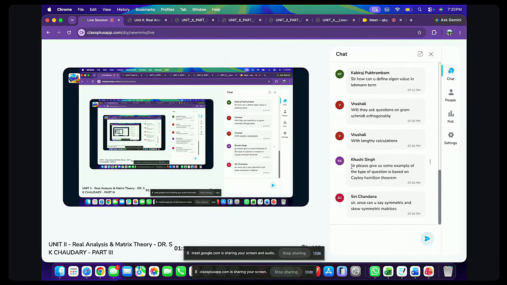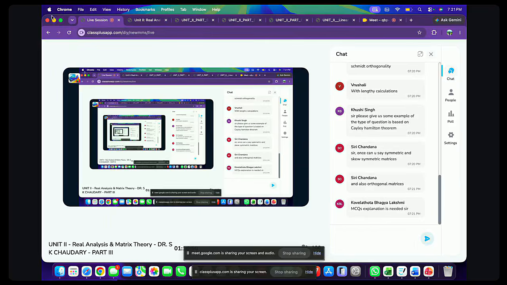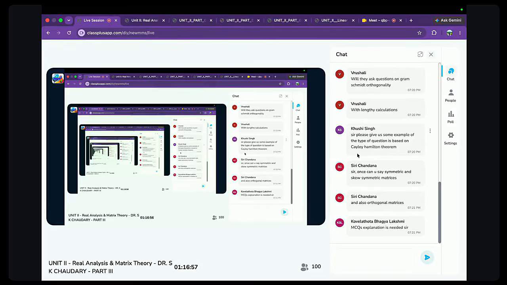I can give you many questions. It's not a lengthy calculation. If you have only 2 vectors, it's very easy to calculate; if you have 3, also easy. It's not too time-consuming. Based on the linearly independent vectors, you have to find the orthogonal or orthonormal vectors, and you will have options to check.